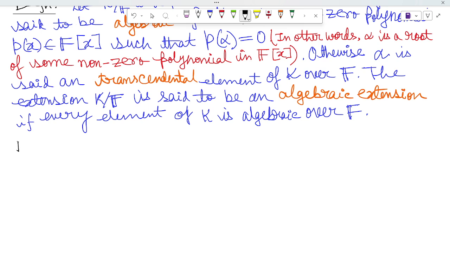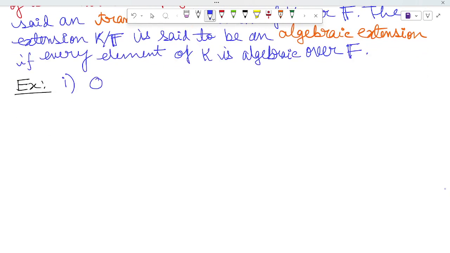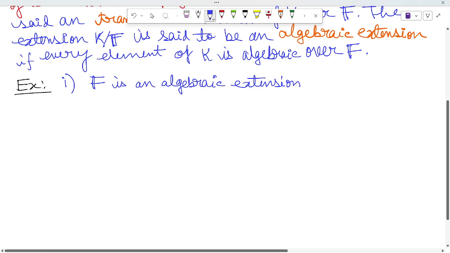I already told you. Example. First example: every field is an algebraic extension of itself.